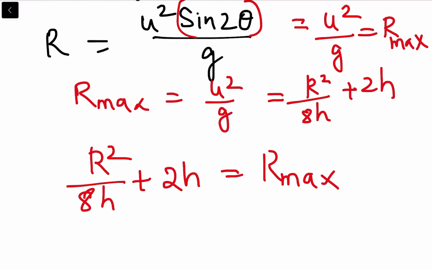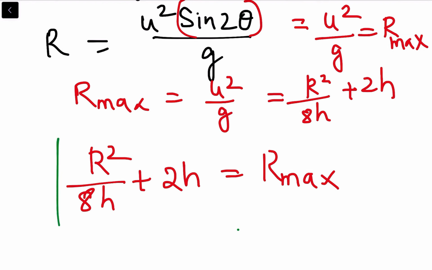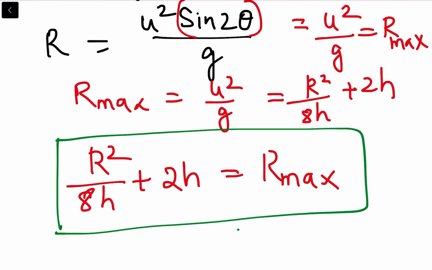So hence our problem is solved. In this way you have to solve the numericals. I hope you enjoyed solving the numericals. If you want more numericals, you can contact me.